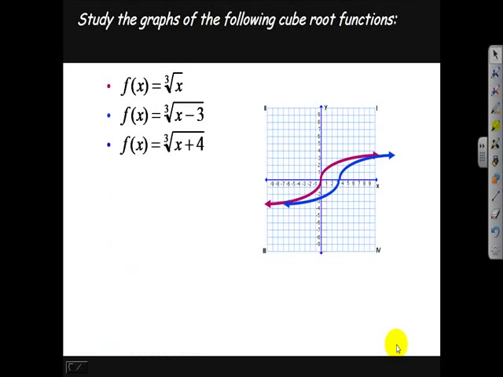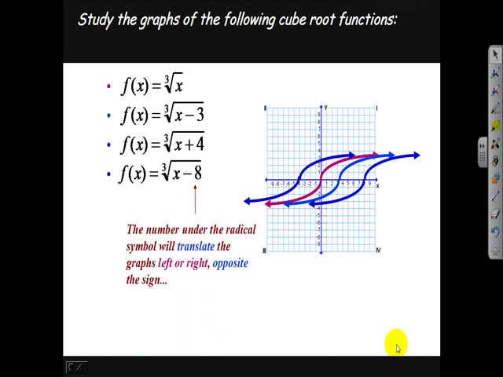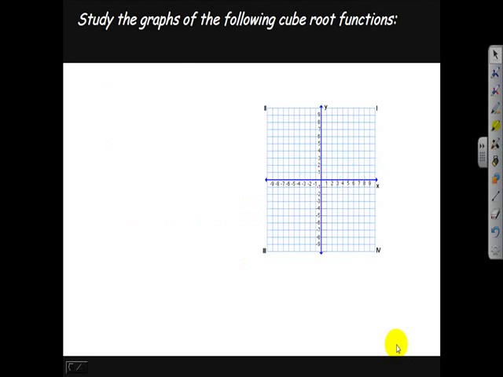If we add 4, we're going to go to the left 4. And if we subtract 8, we should go to the right 8. So there's no change in that left and right translation. It happens for parabolas, it happens for absolute values, it happens for square roots, it happens for cube roots, it happens for everything. So left and right in the direction we don't expect.